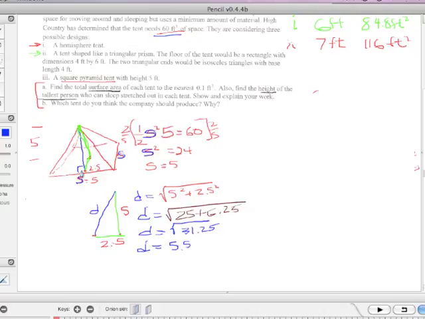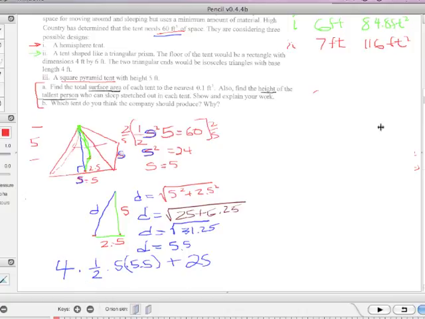So now we have this distance d, and now we know that it's 4 triangles. So 4 times the area of each triangle, which is 1/2 the base 5 times the height 5.5, plus the area of the square base, the area of that is 25.